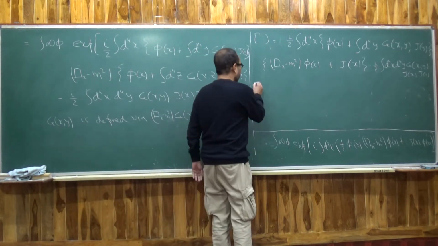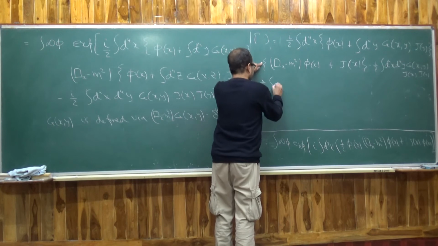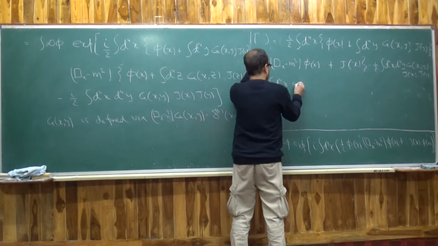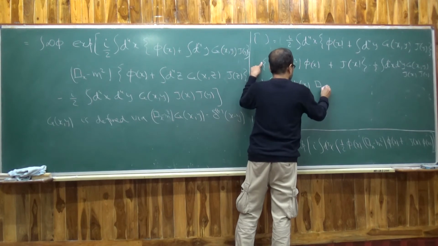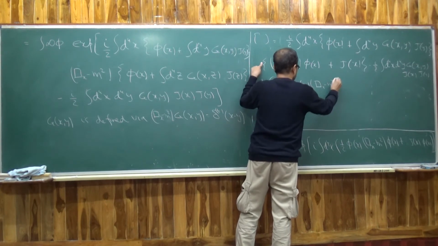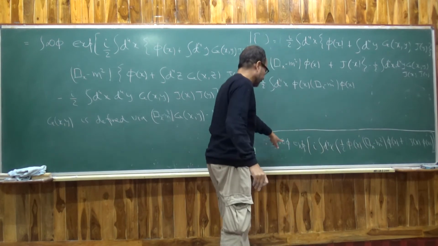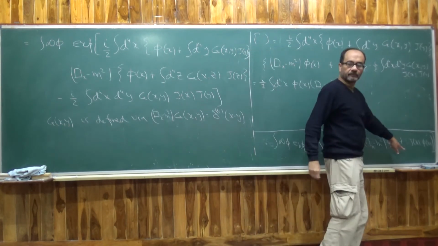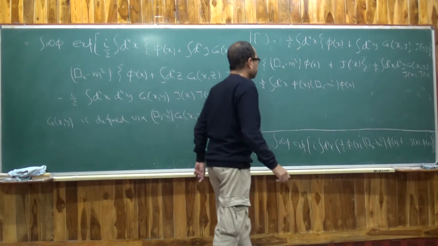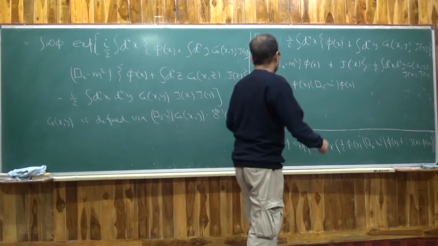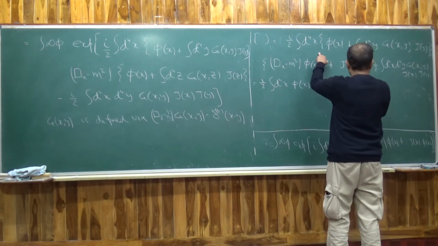Okay, so let's now collect this term. The first term, I over 2 integral d4x phi of x box x minus m square phi of x. Okay, this of course is exactly this term. Then we have just I by 2.